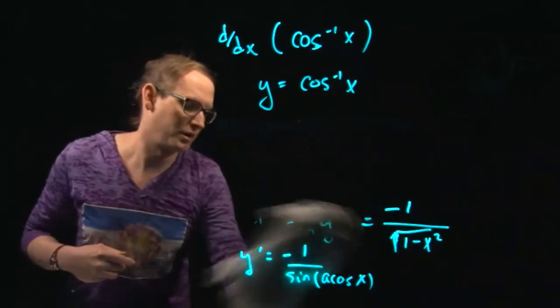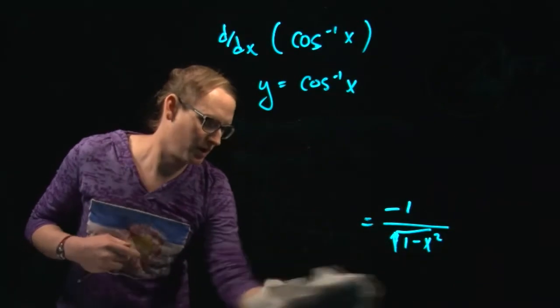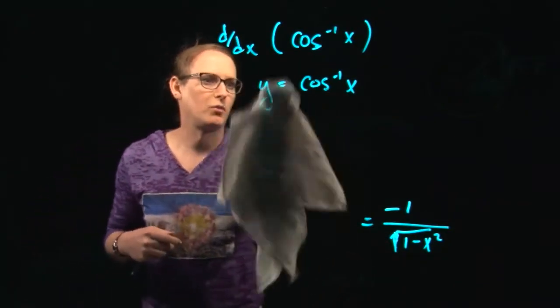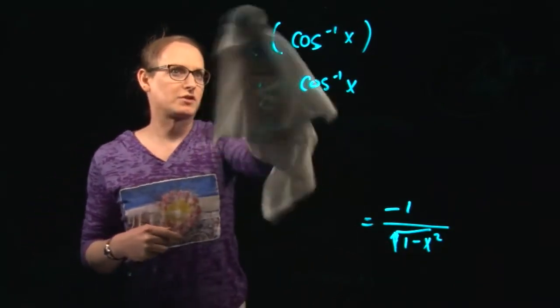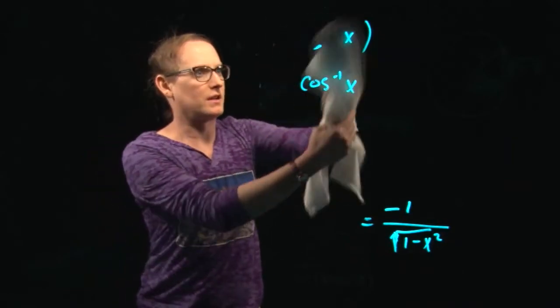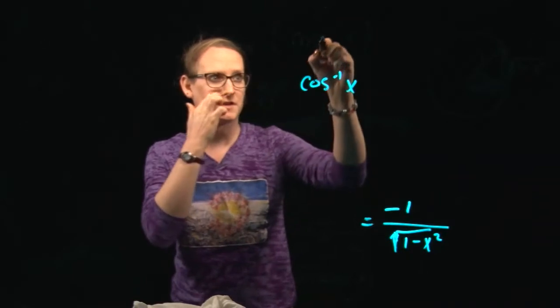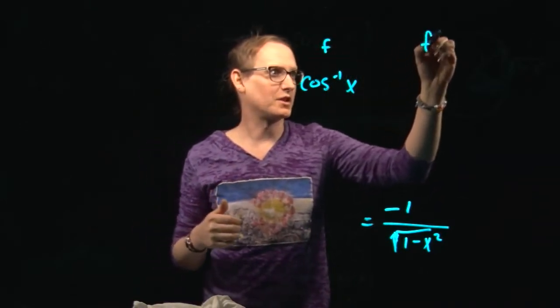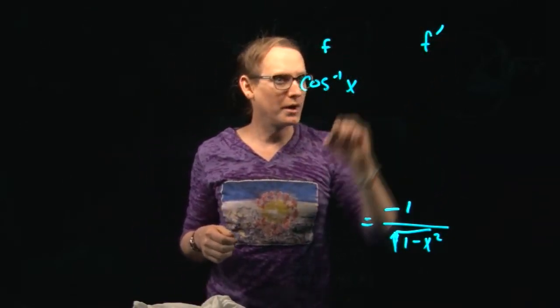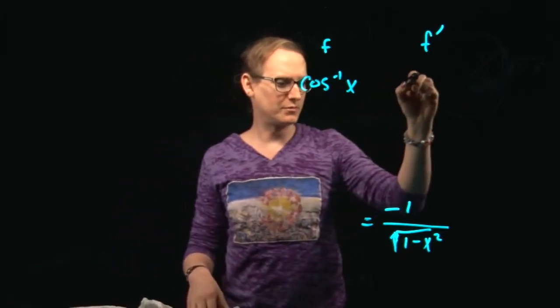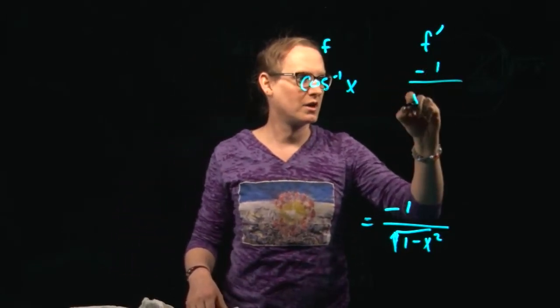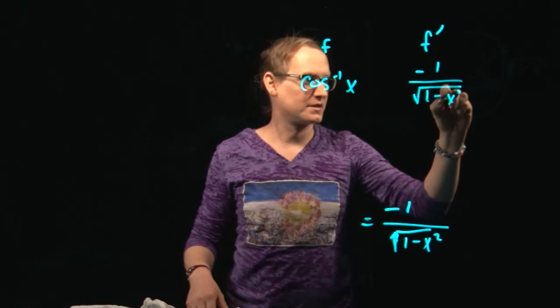So let me put its derivative back up top here. We're going to have the inverse cosine, and its derivative is, so this is going to be f, and this is going to be f prime. Its derivative is minus 1 over the square root of 1 minus x squared.